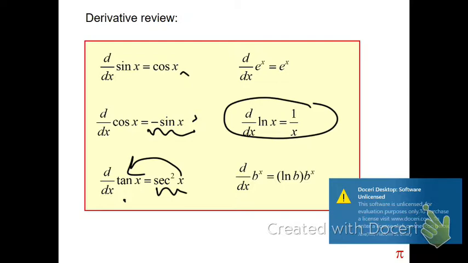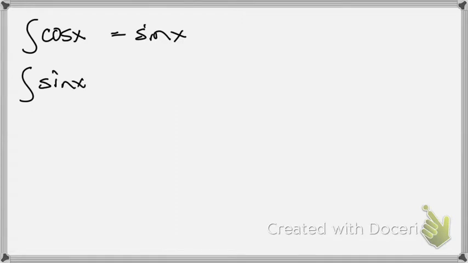So now when you integrate, it's cosine that's going to be negative. So the integral of cosine is just sine, but the integral of sine is negative cosine. So it's the opposite of what it used to be, okay?